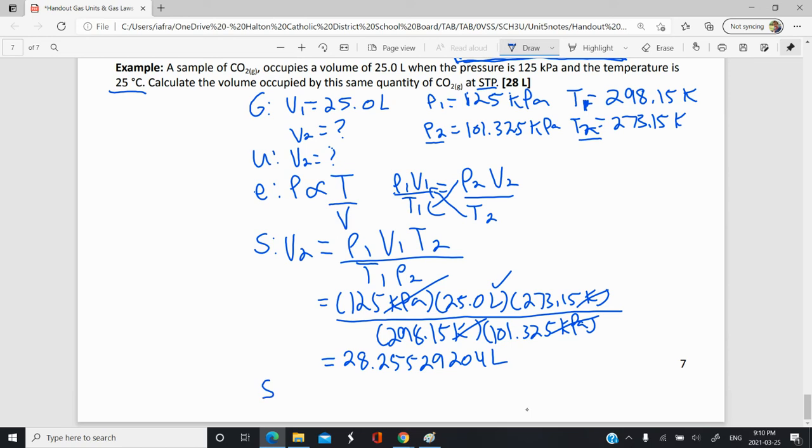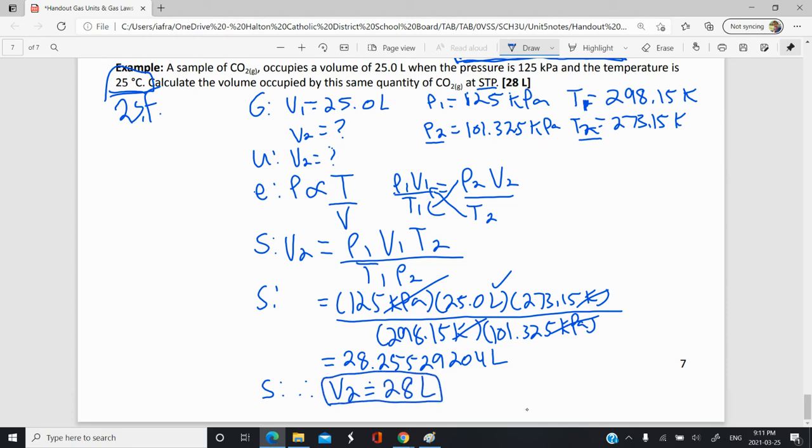And so for our therefore statement, this is solve and substitute, we're going to write, therefore, the new volume, V2, is approximately, and we need how many sig figs here? Looks like 2 sig figs is the smallest number of sig figs that we have there. So we can round down to approximately 28 liters.